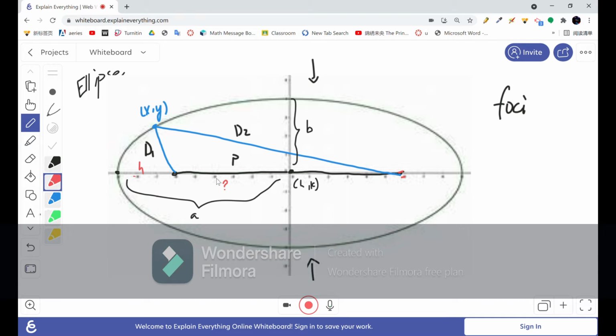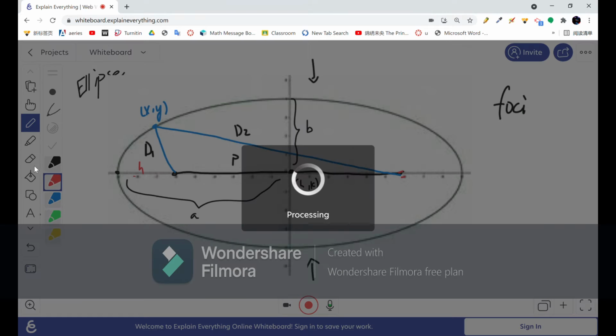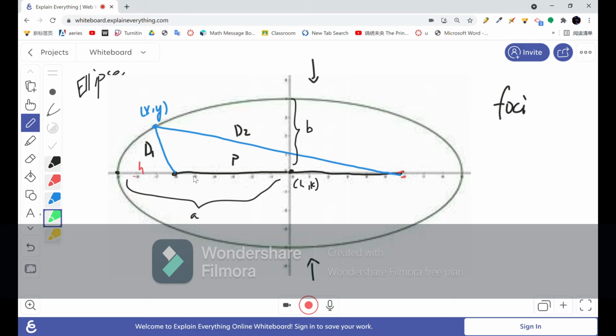So what is this equal to? The sum of the distances must be equal to 2a. Now we want to find p, so we'll pick a point here and draw these two line segments. Since these two are equidistant, and obviously there are right angles, and these are equal, then these two must be equal.